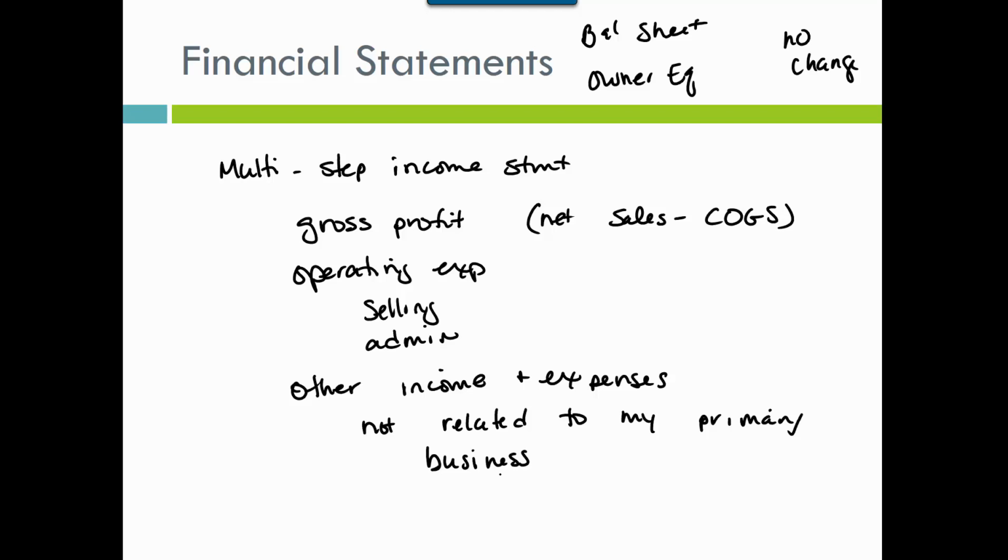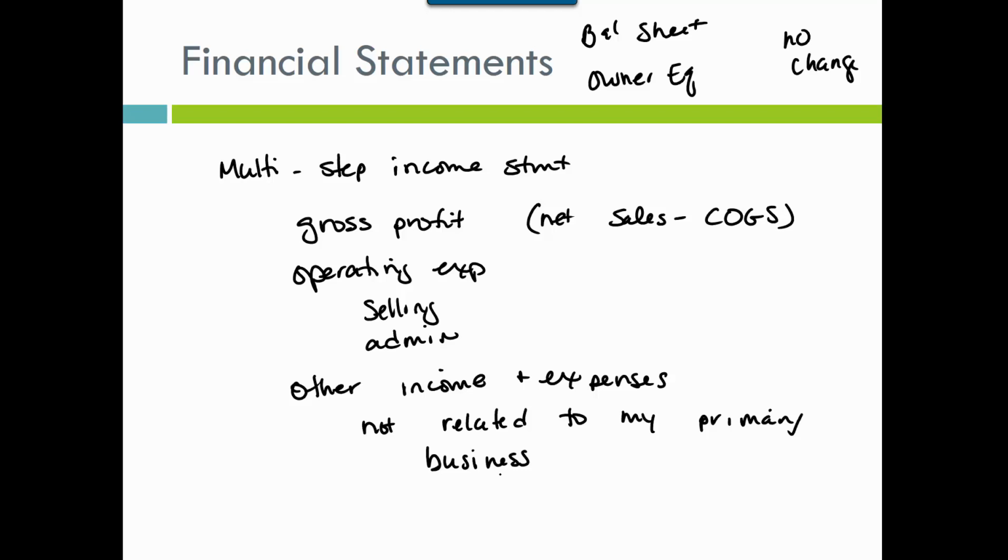So if I'm running a bakery, but I also have a shed in the back that I rent out as storage space, I get some rent revenue from renting out that shed, but that's not related to my bakery. Or I have to pay interest expenses, or I'm earning interest revenue on investments I have or something like that.